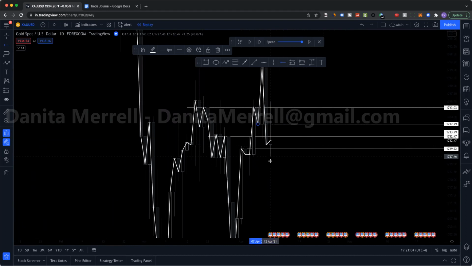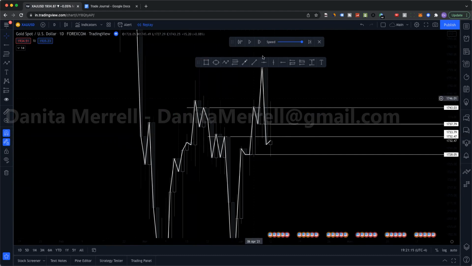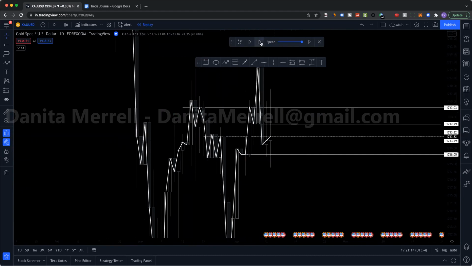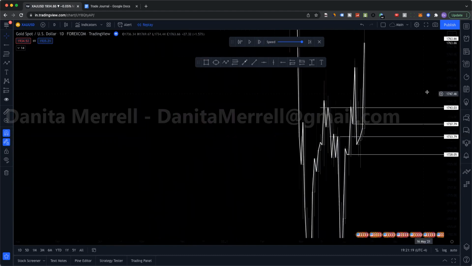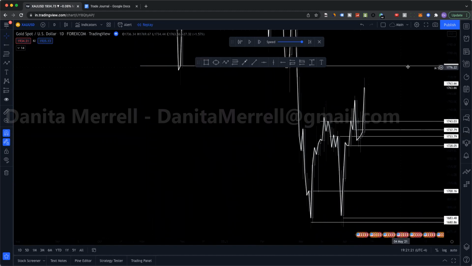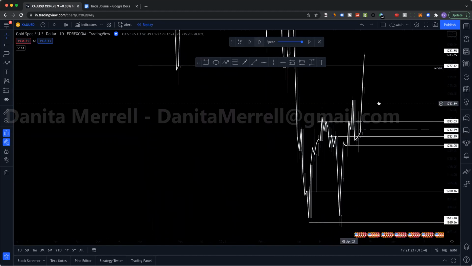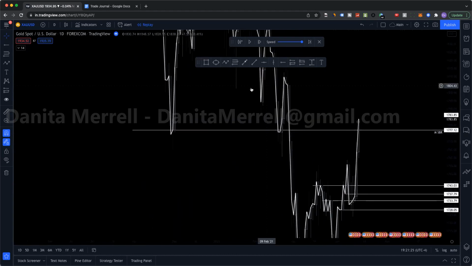Then you have this QM on the daily. So this is where that's going to fulfill some sort of daily need here or daily need here. Okay, so if we just look. Okay, and then here's our monthly RBS, completely broken through and shattered.